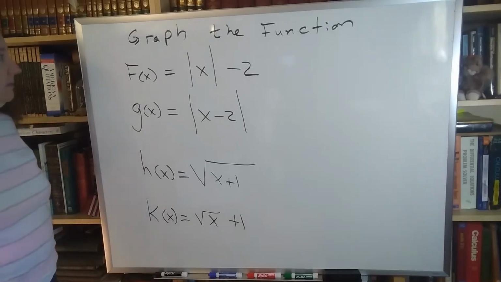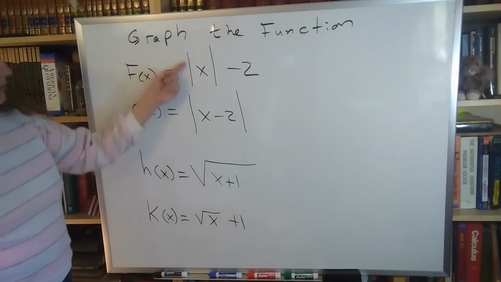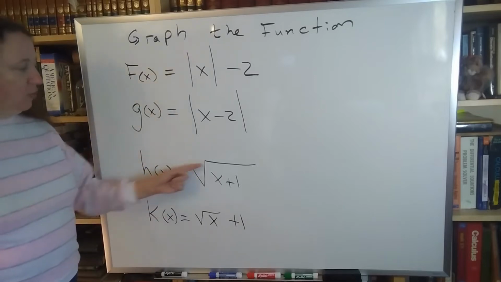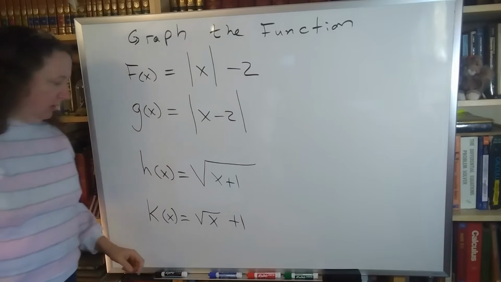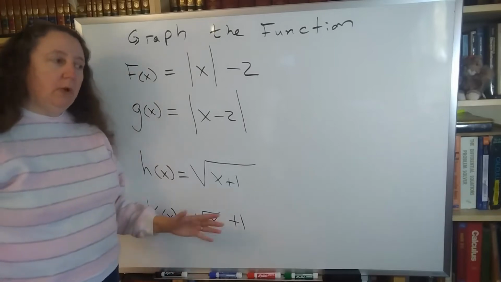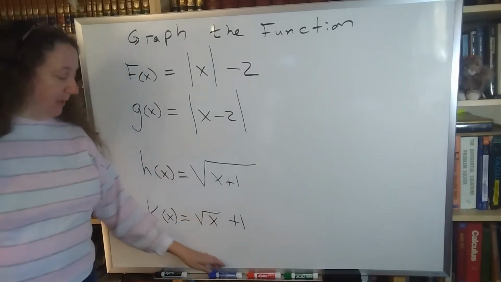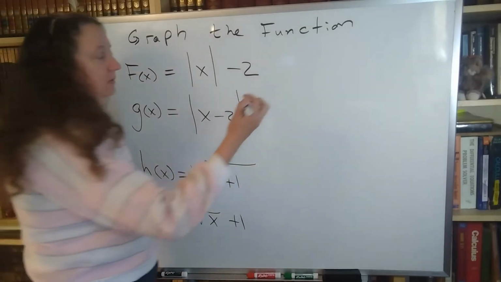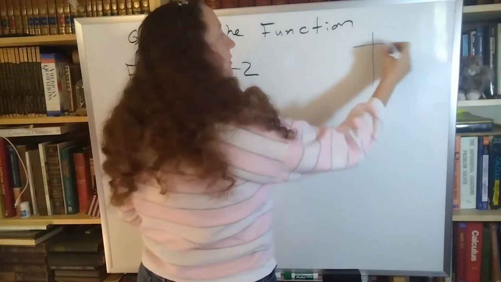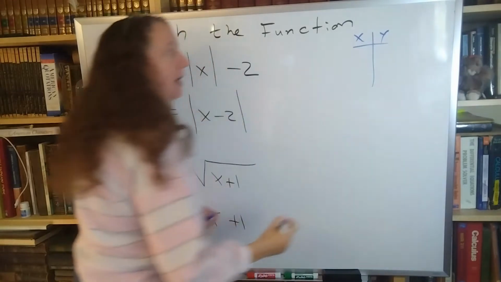Graph the function. We have absolute value functions and we have square root functions. One way of doing this is the brute force method, which is you build your table of values with your x and your y.